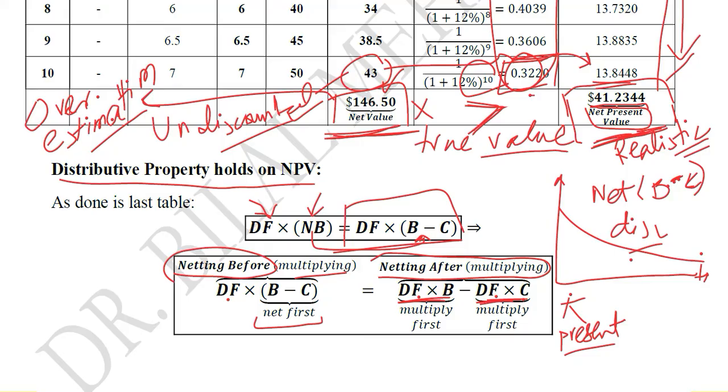Above in the table we used this methodology because we calculated the net benefits primarily and then we discounted them. If these are the two sides of equality, this can also be true.